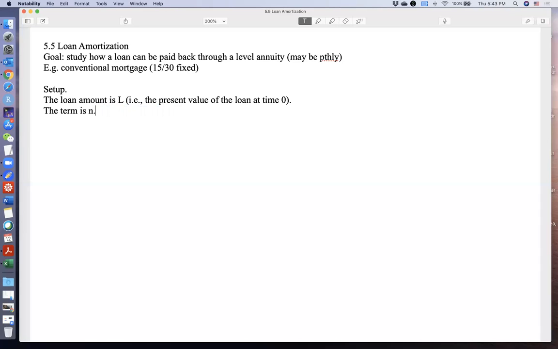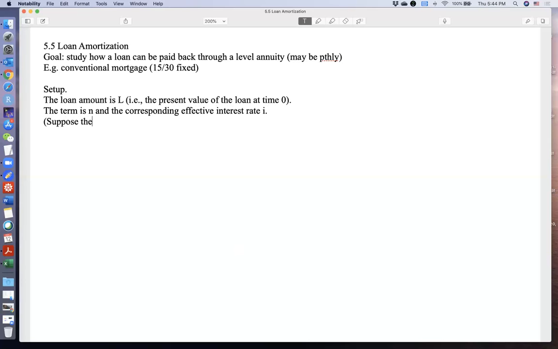And the corresponding interest rate is I. Technically, I should be more careful in saying what I is. First of all, it is the effective interest rate, and this interest rate corresponds exactly to the time interval you choose.